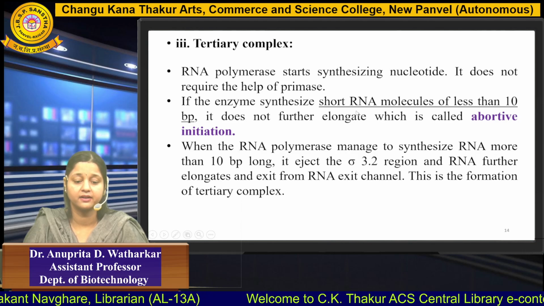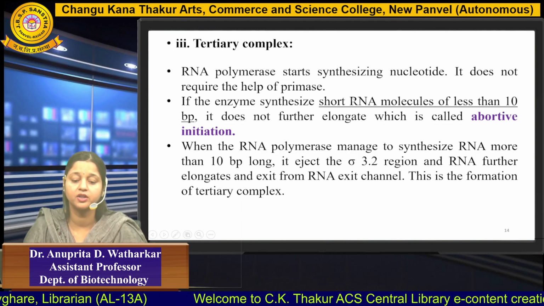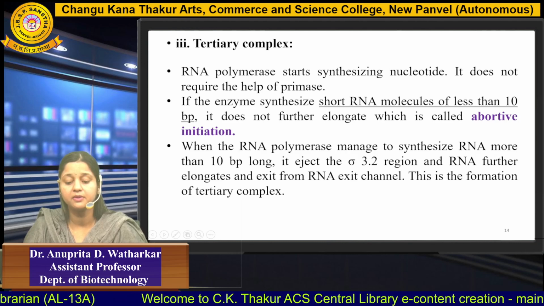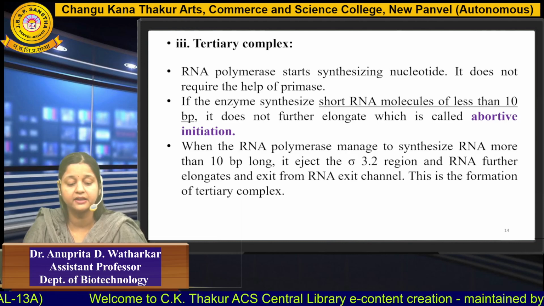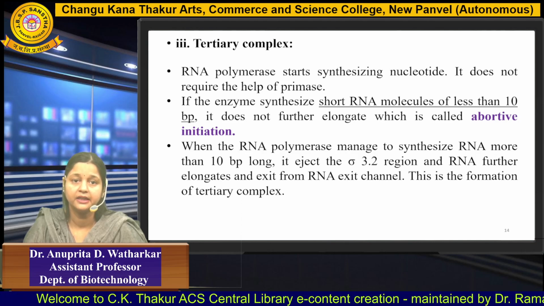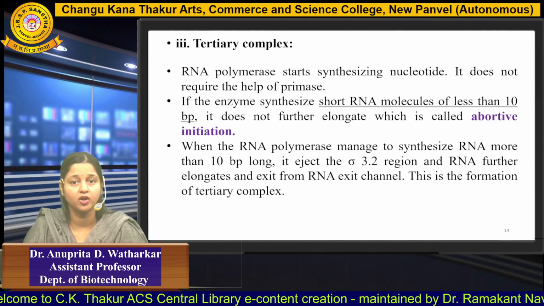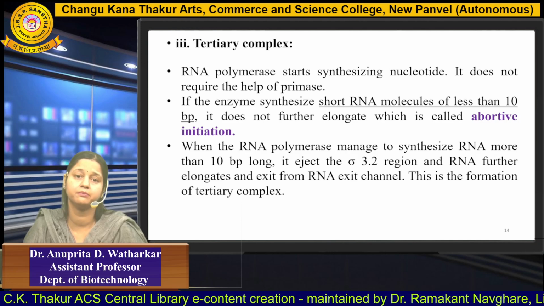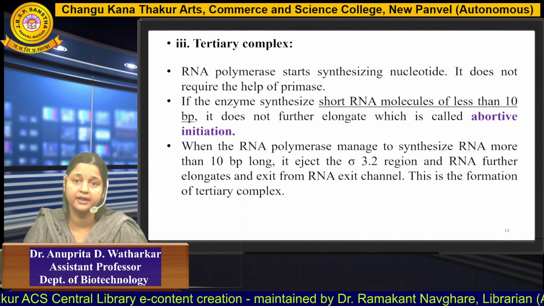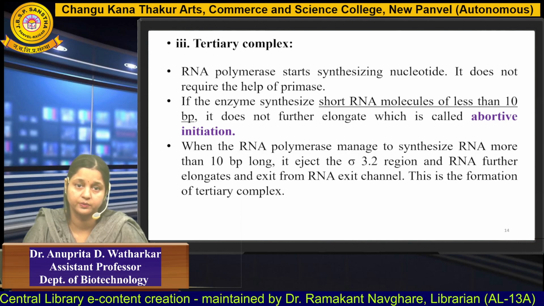Let's try to understand the next concept, the ternary complex formation. RNA polymerase starts synthesizing nucleotides and does not require the help of primase. If the enzyme synthesizes short RNA molecules of less than 10 base pairs, it does not elongate further, and this is called abortive initiation.